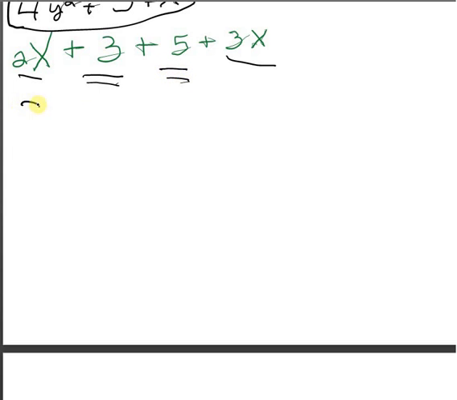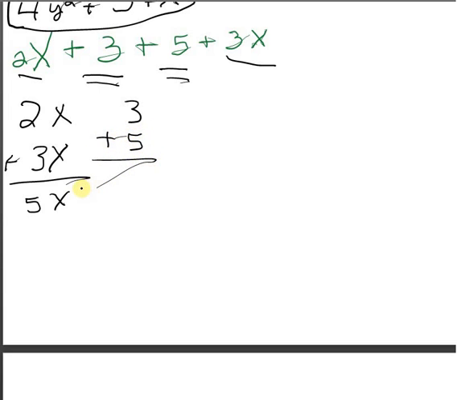So all we have to do now is combine them. 2x plus 3x is going to be 5x. And a positive 3 and a positive 5 is going to be a positive 8. And we have completed that problem.